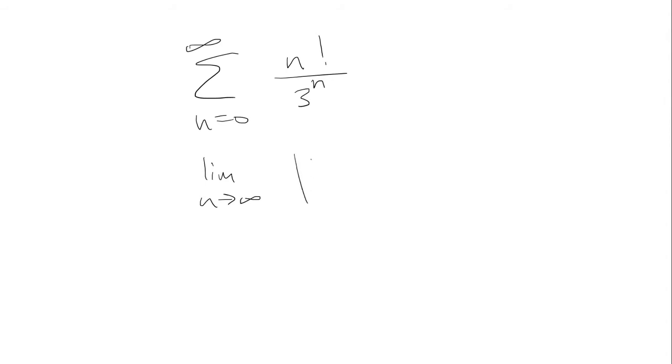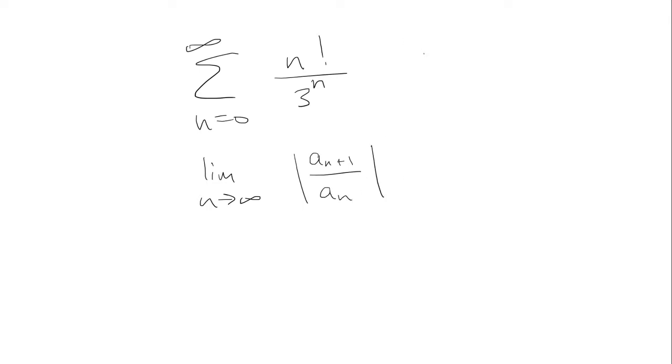Let's start first with the sum from n equals 0 to infinity of n factorial over 3 to the n. For this, we're going to use the ratio test, and we're going to look at the limit as n approaches infinity of the absolute value of a sub n plus 1 over a sub n.